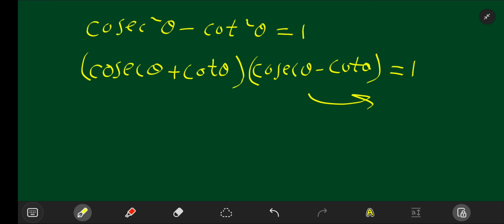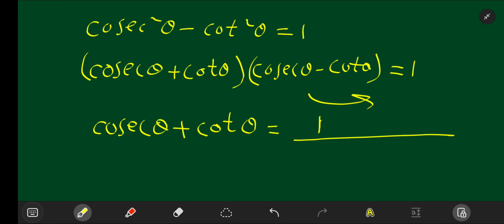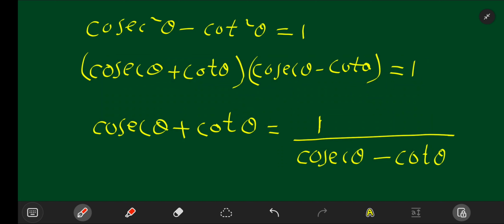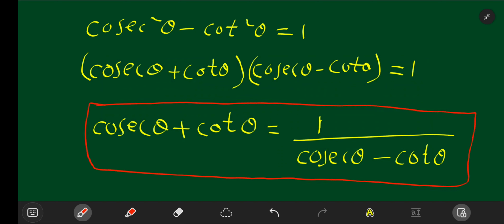Send this to the right hand side. Cosec theta plus cot theta is equal to 1 divided by (cosec theta minus cot theta). This is another important formula. This formula also you have to remember.